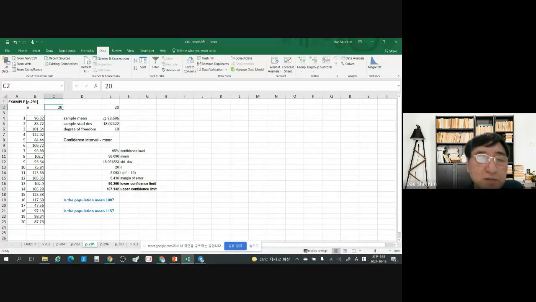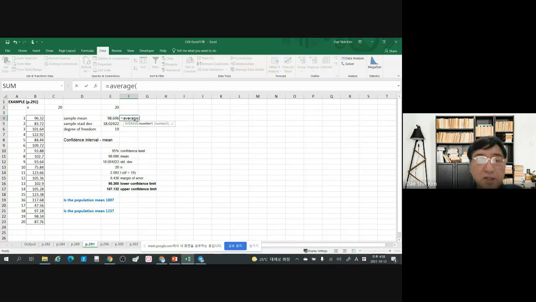Sample mean is average. So you need to say average of, and select all this range. Sample standard deviation equals STDEV. P is the population standard deviation. S is the sample standard deviation.